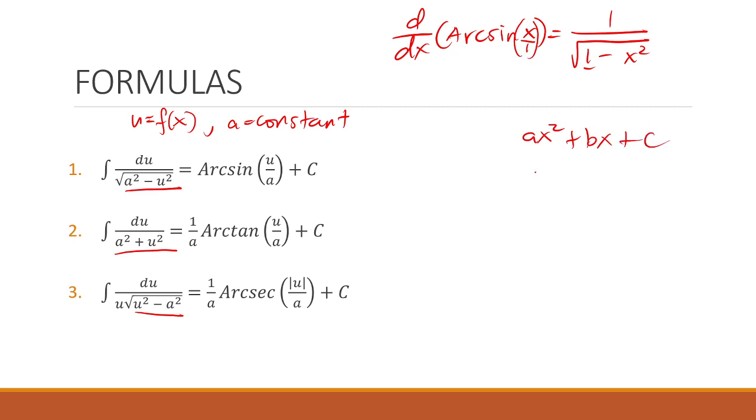But in this case, we only have the quadratic term, u squared, and the constant term, a squared. So we have to be mindful of the expressions involved in the given integral, because there are cases where the given expression is not directly written in terms of a squared minus u squared or a squared plus u squared or u squared minus a squared.